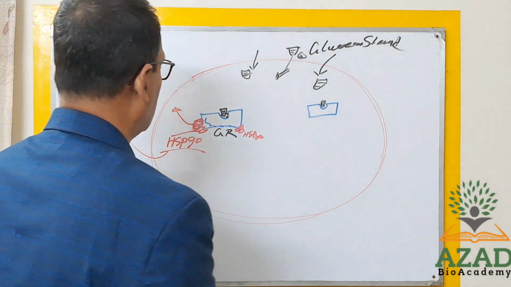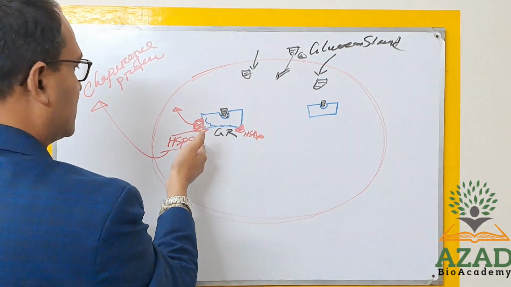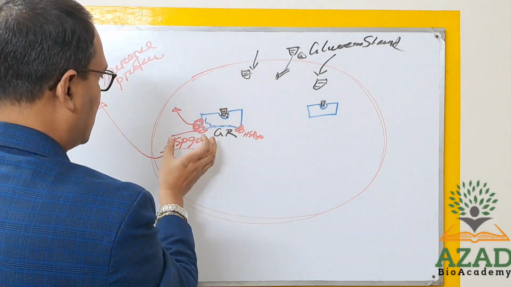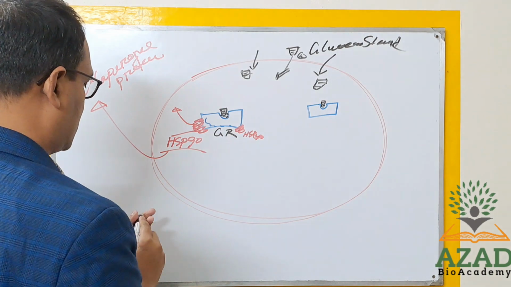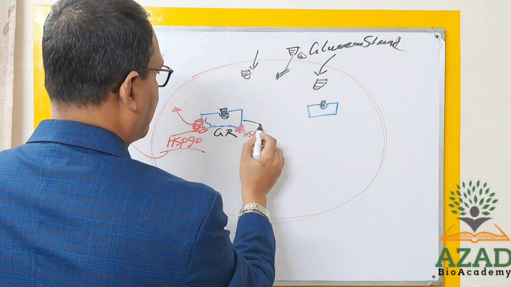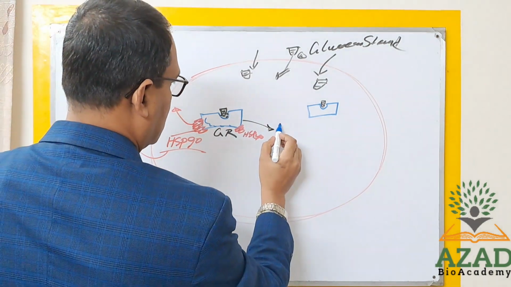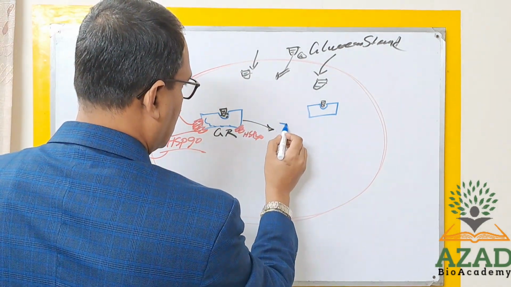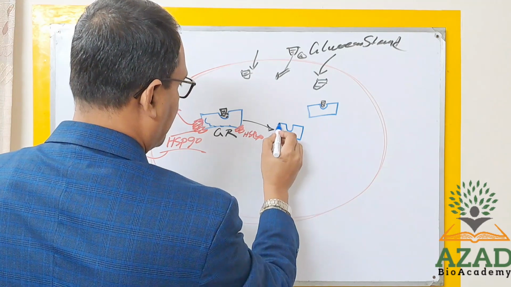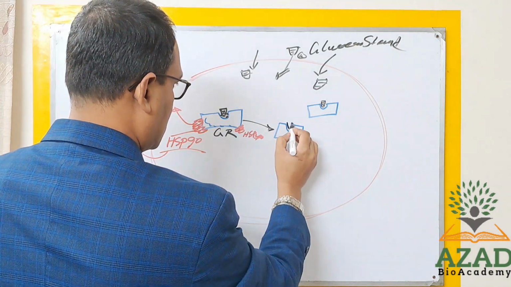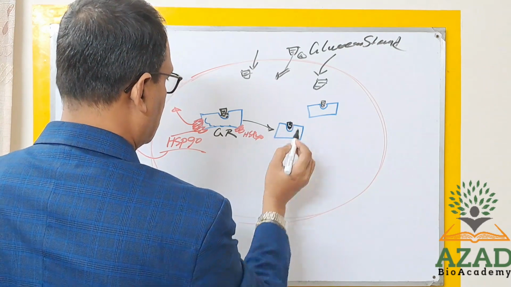Okay, so what will happen when it will bind? Then because of the conformational change, the HSP90 will detach from here. Okay, so then what will happen? The detachment is already done, so you can draw like that. And here one glucocorticoid is already bound.